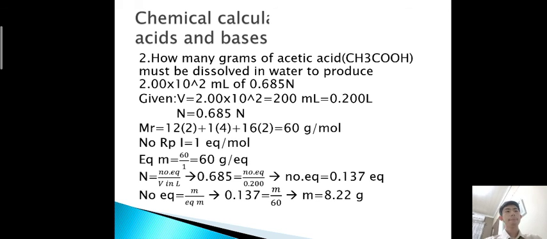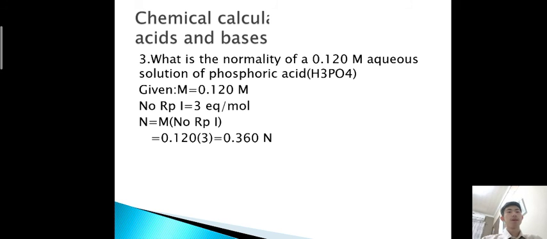The third one is: what is the normality of a 0.120 molarity aqueous solution of phosphoric acid, or H3PO4? Given molarity is equal to 0.120 molarity. The number of replaceable ions is 3 equivalent per mole because hydrogen has 3 atoms and PO4 has 1 atom.